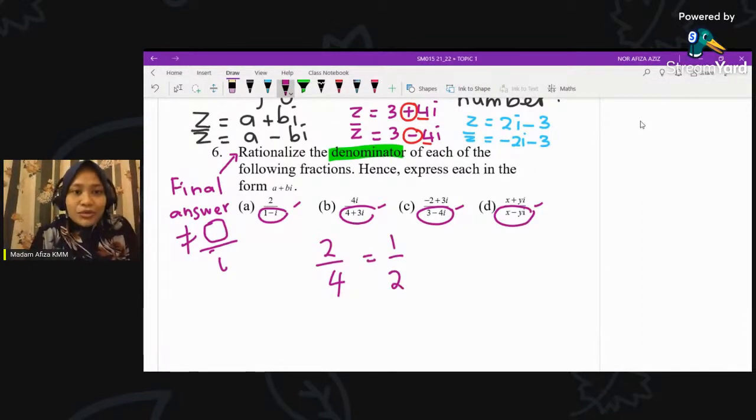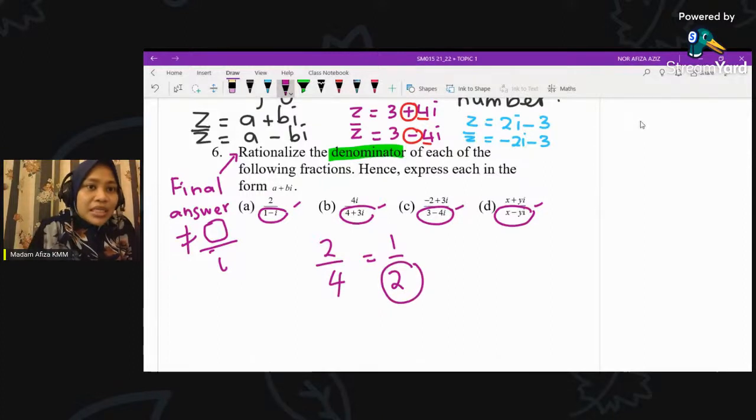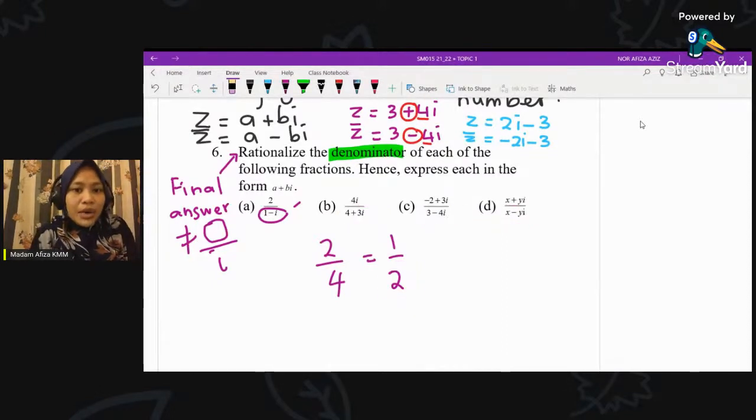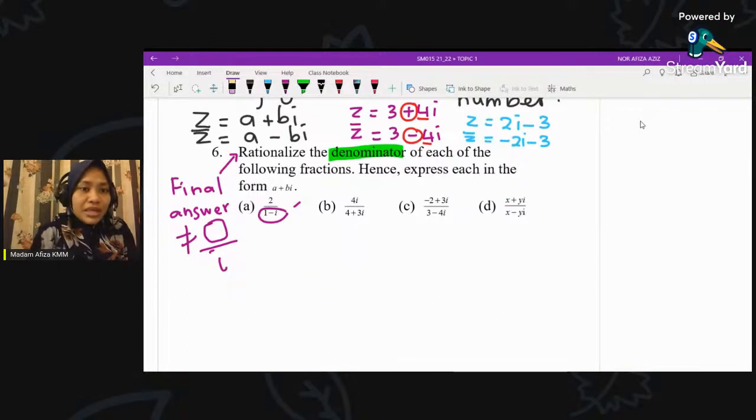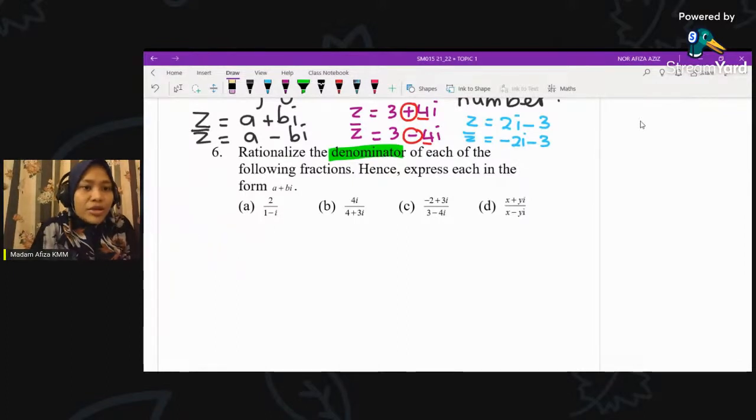So in complex number, we also need to simplify our answer and make it rationalized so that we don't have I in the denominator. I hope you understand the term rationalize used in this chapter. So let us try one or two of the questions, and then you will try on your own to answer the remaining questions. Let us try question A.